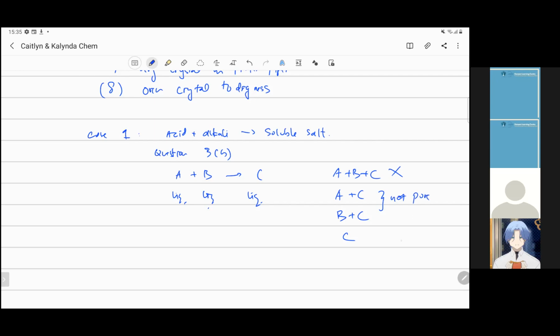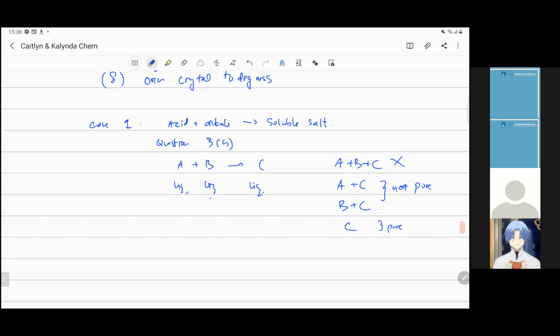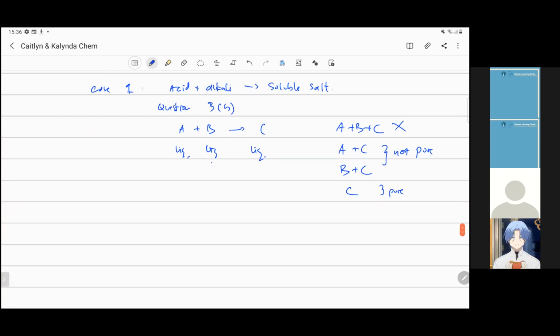So we must have the condition where A and B are in the correct ratio, both annihilate each other, nothing left. This is pure. To do that, we use what we call titration.